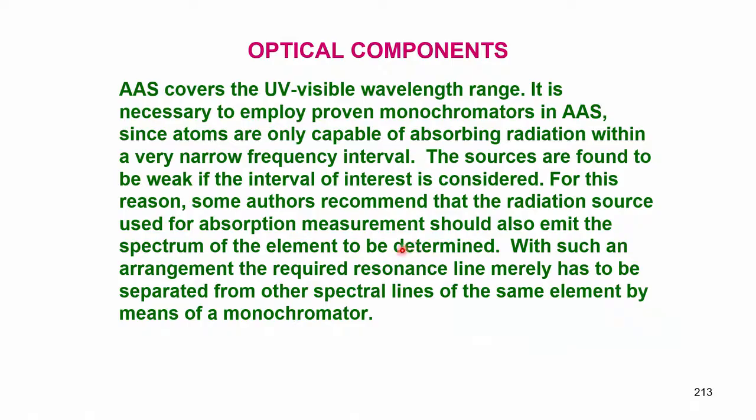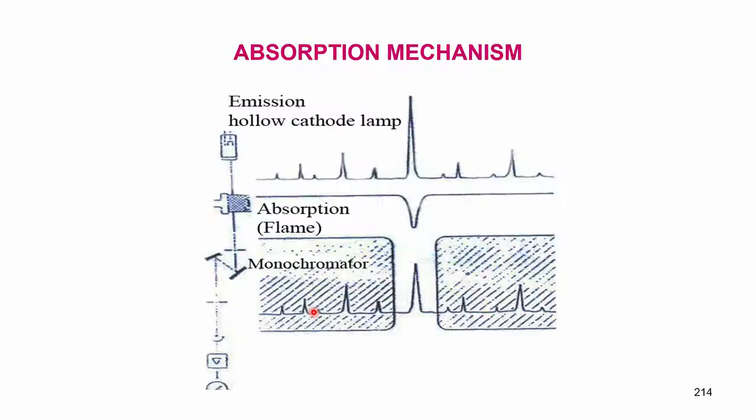Blue radiation is coming, yellow radiation is coming, and red radiation is coming. All these radiations must be separated from the resonance line. That is the requirement. So, what we are looking at is a very simple monochromator.